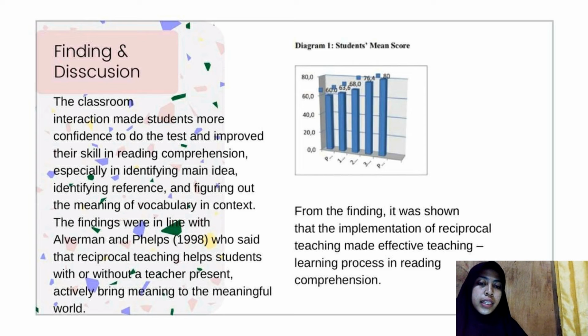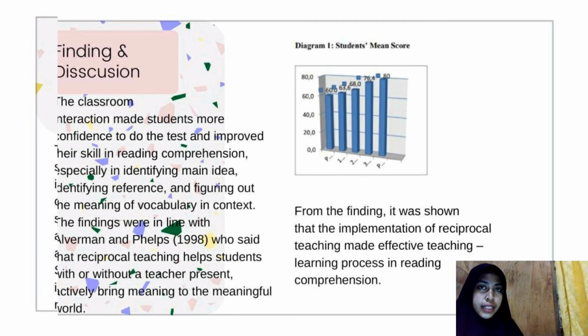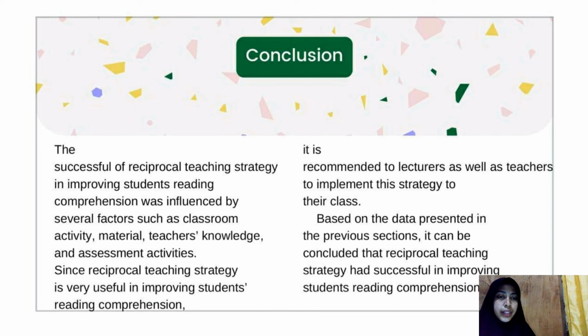The findings were in line with Alvermann and Phelps, who said that reciprocal teaching helps students, with or without the teacher present, actively bring meaning to the words. This is the diagram. From the finding, it was shown that the implementation of reciprocal teaching made the teaching learning process effective in reading comprehension. Well, the last material in the journal is conclusion.